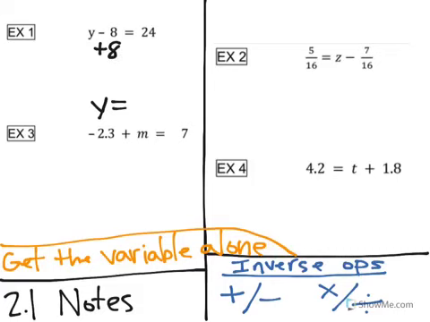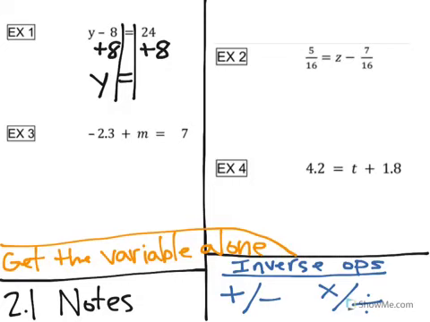And so if we have y minus 8 plus 8, that's just going to leave us with y on one side. So we're going to have y equals. Now, whatever we do to one side of the equation, we did it to the left side, we have to do the same thing to the right-hand side of the equation, because we always need balance when we're solving equations.